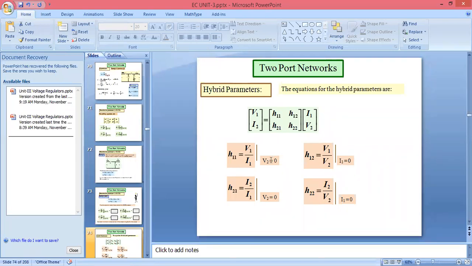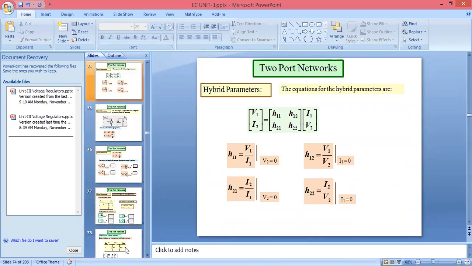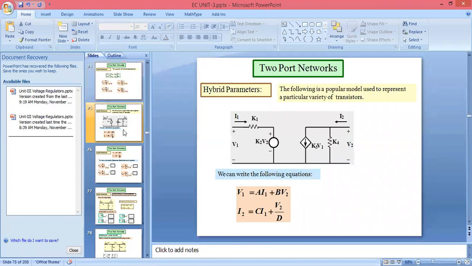If you are considering V2 as 0 volt, it means port 2 is considered shorted. If you are considering port 1 as a Norton circuit, you will get I1 as 0, because the current flowing through an open circuit is 0 ampere, and the voltage across a short circuit is 0 volt. So you will get these equations. You can directly use these equations to calculate the values of the hybrid parameters.